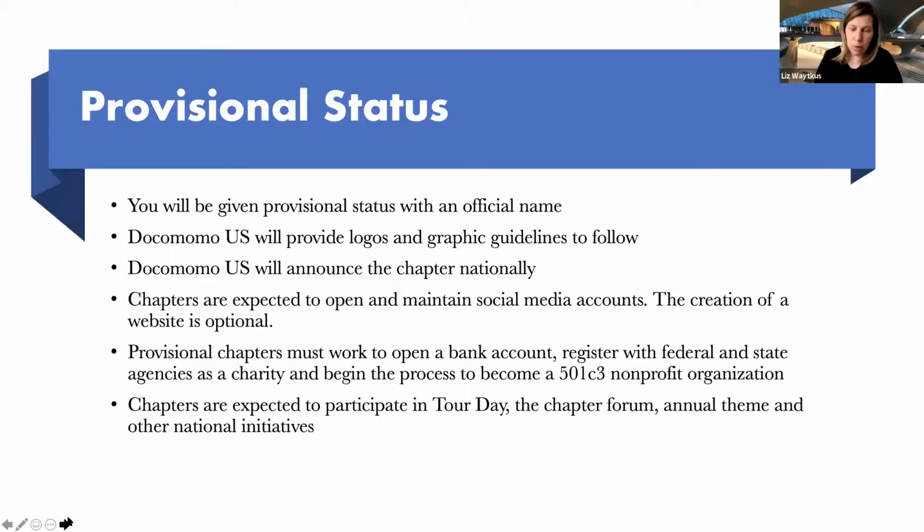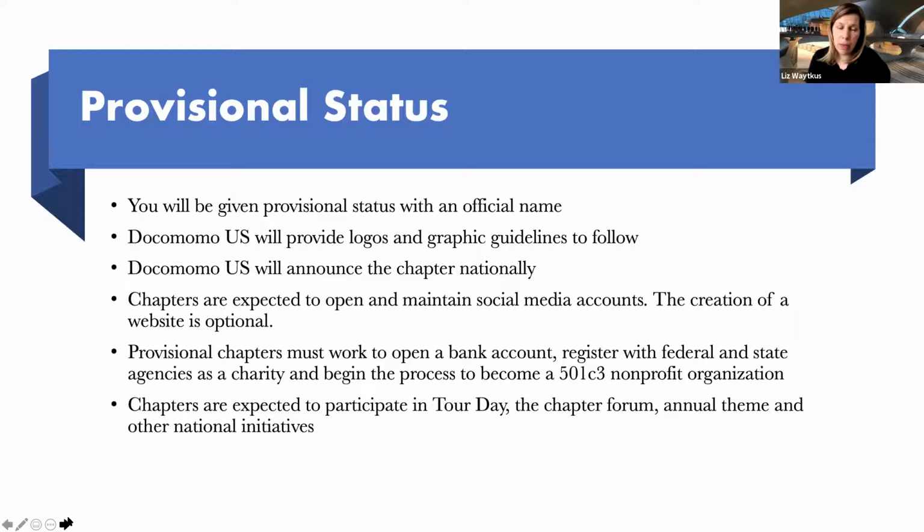So of your 10 members, half of the dues that they pay would come back to your organization, which is why you'll need to open a bank account, and also the reasons for maintaining the appropriate federal and state operating procedures, and to become a 501c3. The 501c3 definitely takes at least a year, and that is why you would be given provisional status. You do not need to wait until that has been granted by the federal government, but it should be something that you're working to achieve.